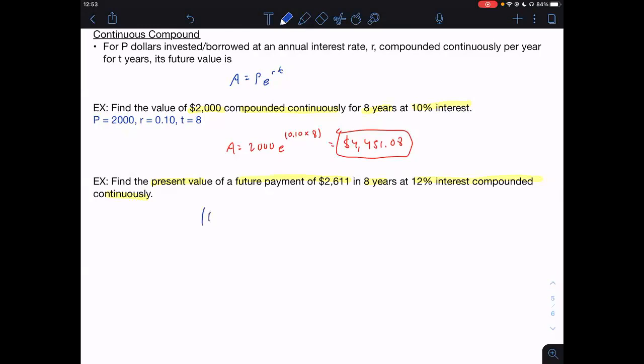So we want to calculate the present value when compounded continuously. Then what we're going to do is take our future payment, our future investment, and divide this by this exponential expression of e to the r times t. Where again, P in this case is representing the future amount, the future value.